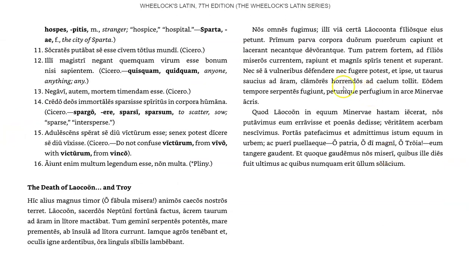So he raises his, and they seek refuge in the citadel of keen, or of shrewd, or of cruel Minerva. Quod Laocoon enim Minervae hastam iecerat.